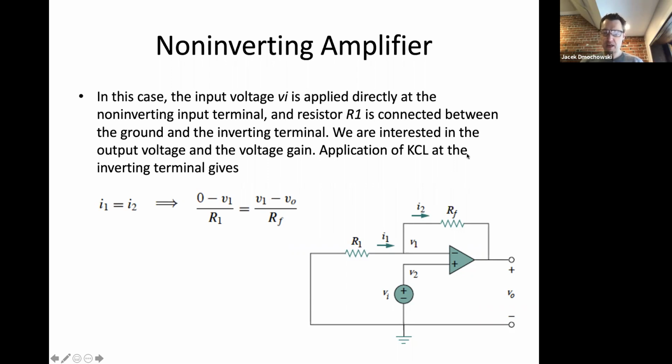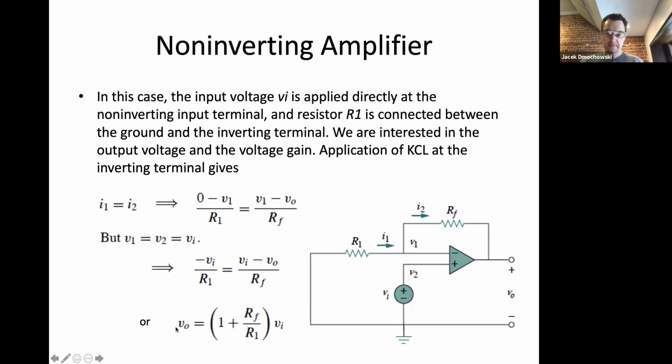This is V1, this is V0, this is RF. So if you rearrange, and we know that V1 is equal to V2 is equal to VI. So if you substitute in VI for V1 in these equations, we get the following, which we can cross multiply and rearrange to solve for V0 is equal to VI times (1 plus RF over R1).